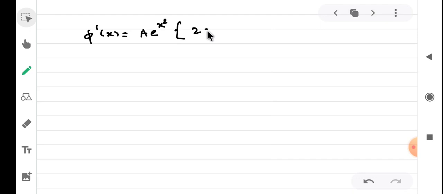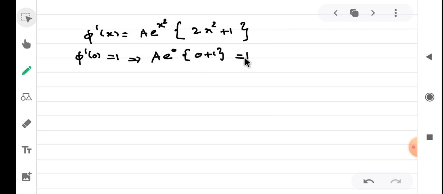We know phi dash of 0 equals to 1, which implies a into e power 0 into 0 plus 1 equals to 1, which implies I will get a, e power 0 is 1, so 1 into 1 is 1. So I will get a equals to 1.